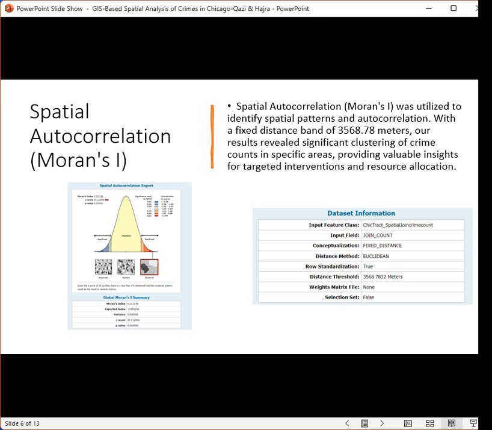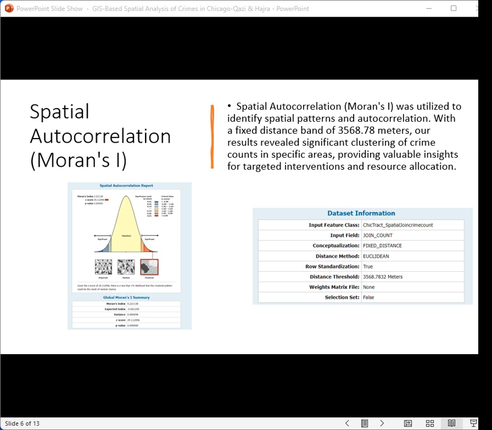So we'll start with spatial autocorrelation. Mapping can be tricky, especially when dealing with different datasets. To ensure accuracy and meaningful results, first we need to define a projection, a coordinate system related to Chicago.